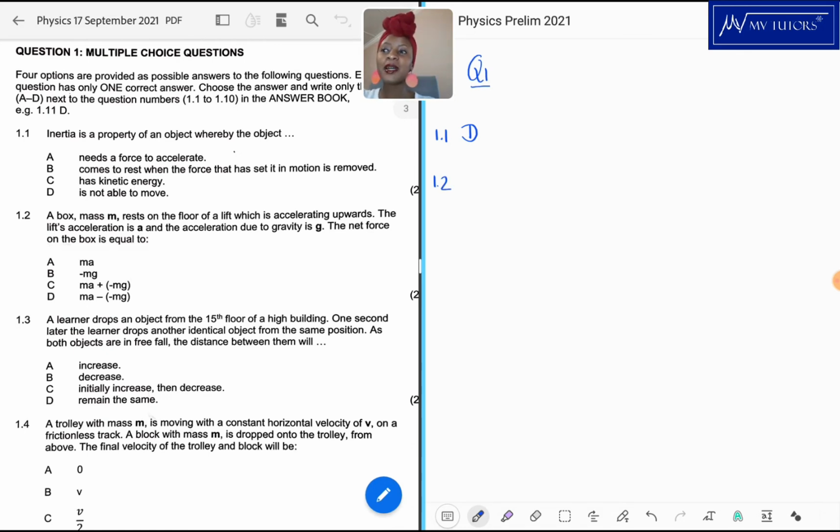Okay, now a box of mass M rests on the floor of a lift which is accelerating upwards. So you have a lift, it's definitely moving upwards. You have the tension in the cables, that's what causes the lift to go up.